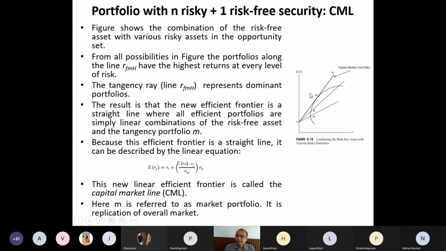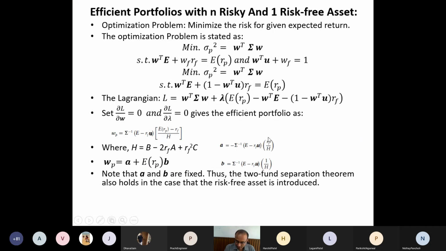Then we solved the optimization problem, meaning what should be my weights in the risky securities, WP bar, with this situation. I solved the same optimization problem with a different restriction than the previous one, and arrived at the equation that WP bar is linearly related to ERP, like the MVL equation we had in the risky security case.